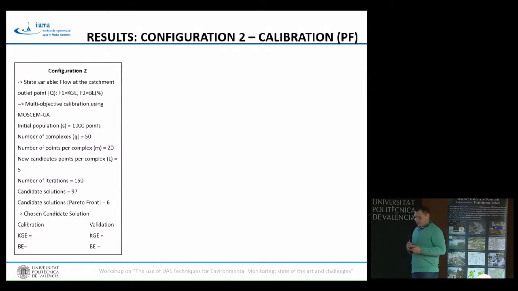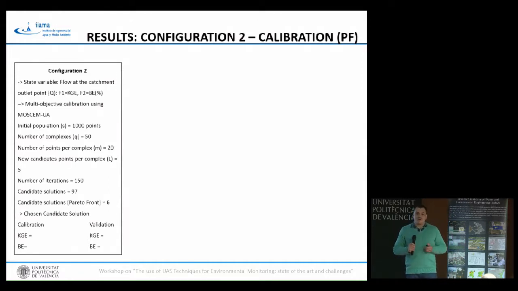In the second configuration, we set up our algorithm with an initial population of 1,000 points. We divided them in 50 complexes of 2 points per complex, and we decided on 5 new candidates per complex. And we also put 150 iterations.